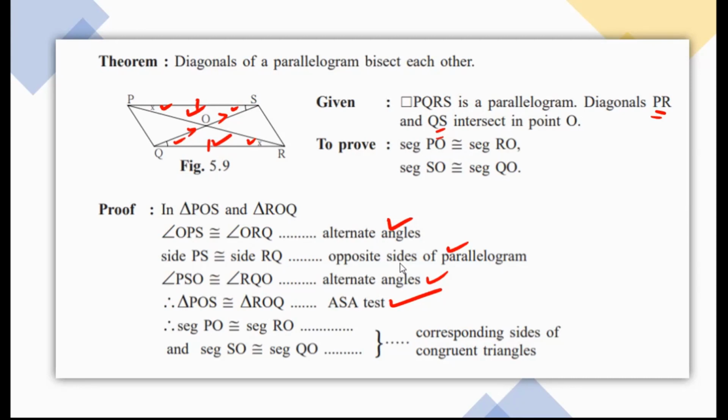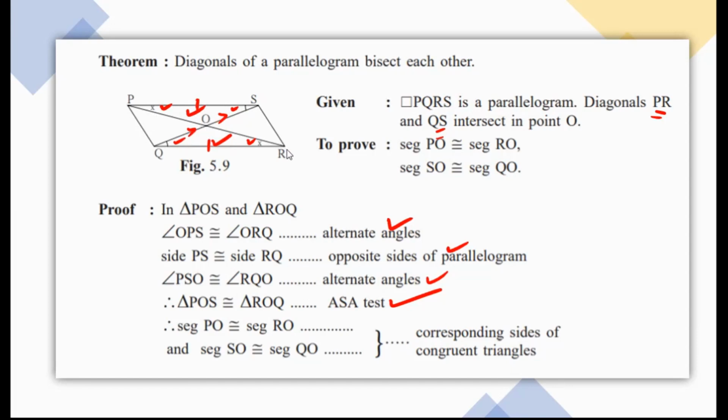And we also know that segment PO and RO, as well as segment SO and QO, they are the sides of these triangles. In POS, PO और SO triangle की side है, ROQ में RO और OQ ये sides हैं, and they are the sides of these congruent triangles now.